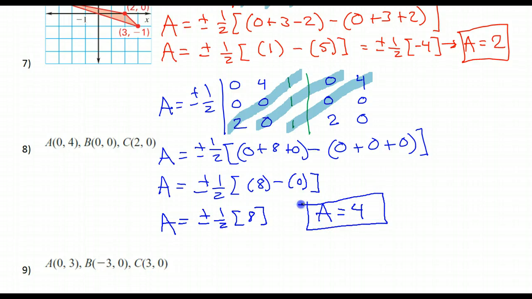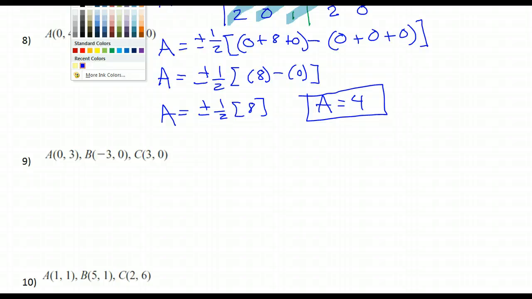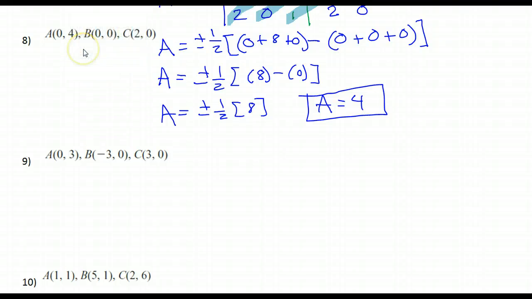So for number 8, the area is 4. Okay, 2 more left. Really just the same thing. And if you're getting these right, then you should not be watching this video at all. You should be doing the problems yourself and just simply checking your answers using the answer key. Alright, but I'm going to follow through just in case.